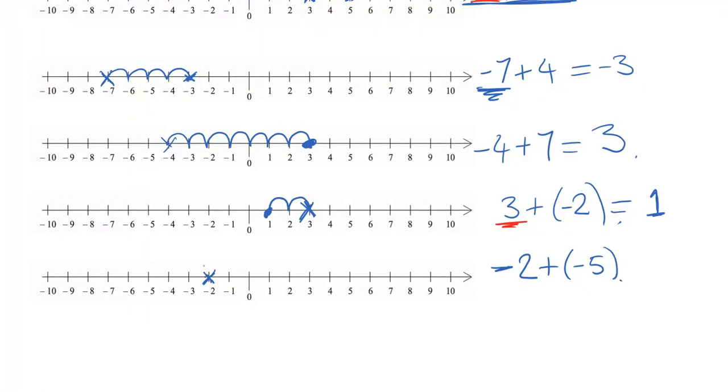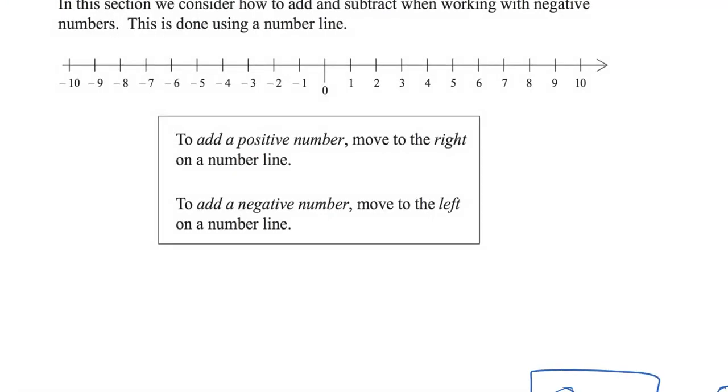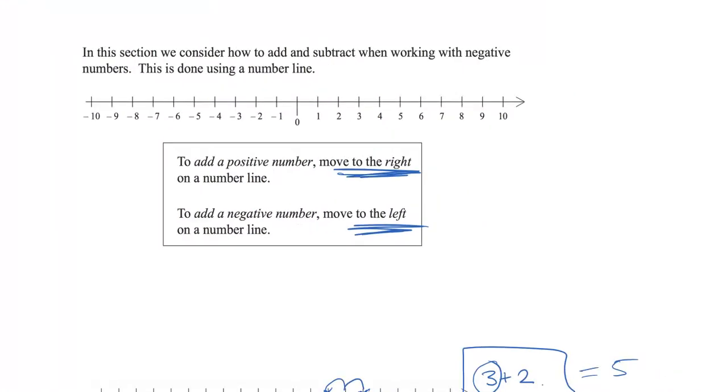So we count down 1, 2, 3, 4, 5. You can see that this is going to be -7. So really what you need to remember is that to add a positive number, we're going to be moving to the right on the number line. And when we add a negative number, we're going to be moving down, to the left on the number line.